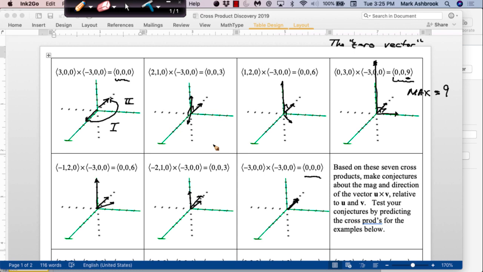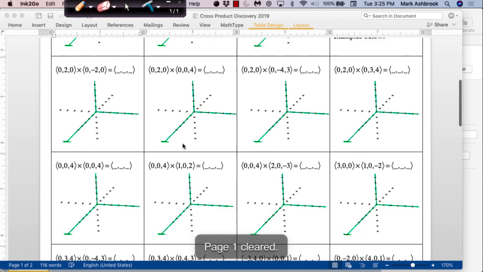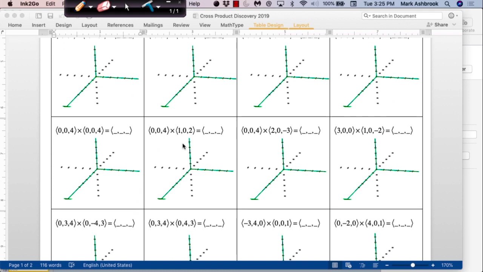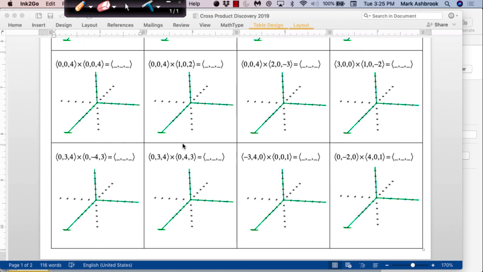Let's do another example down below. How does this work? Let's find one here.